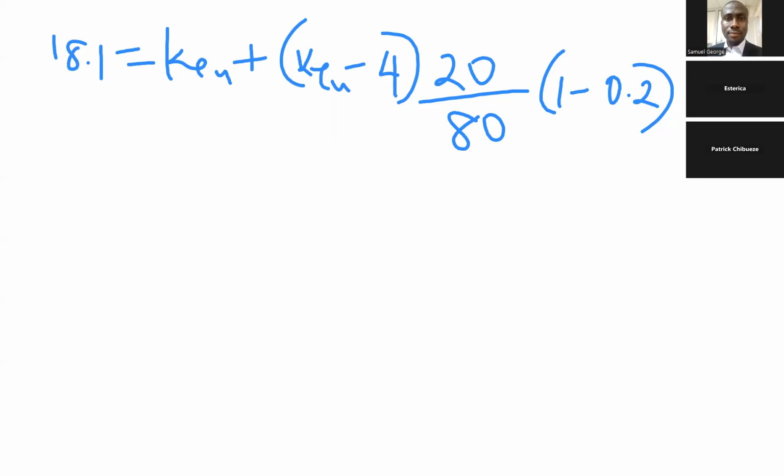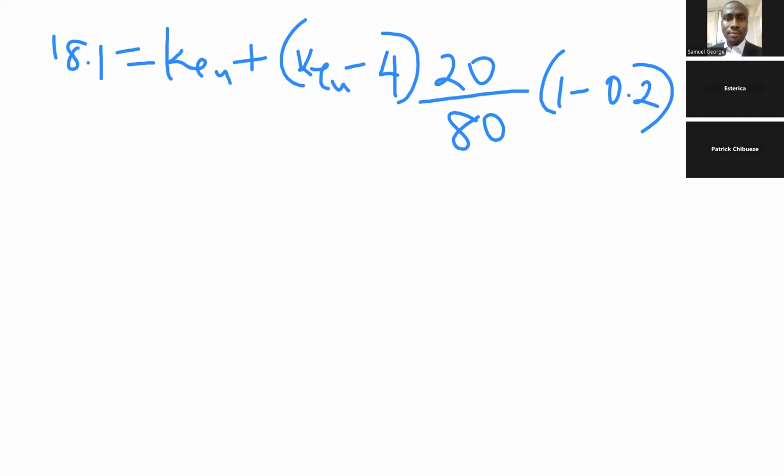So for you have, 18.1 equals KEU plus 0.2 multiplied by 4. 0.2 times 4 is 0.8. Hold on, please.